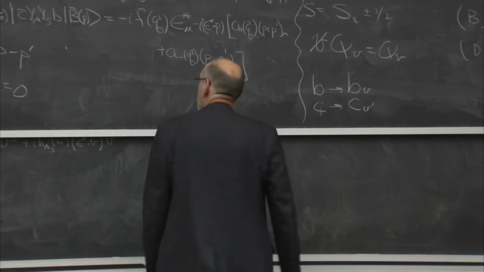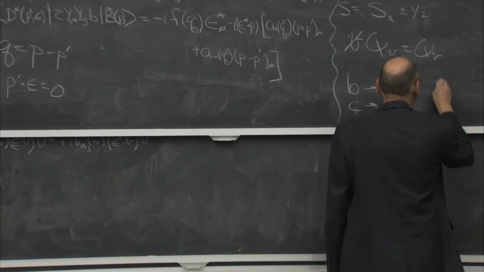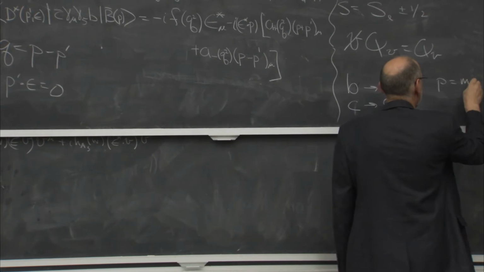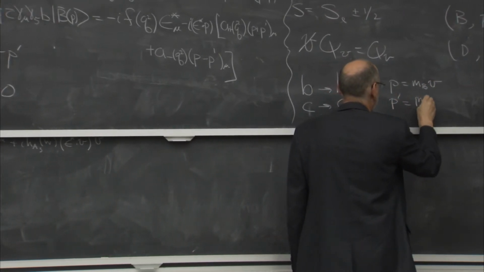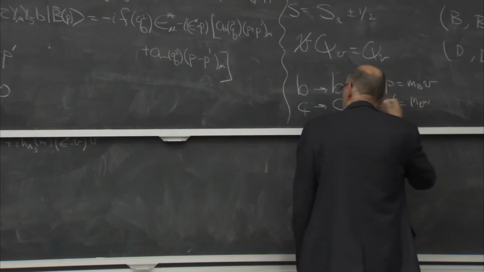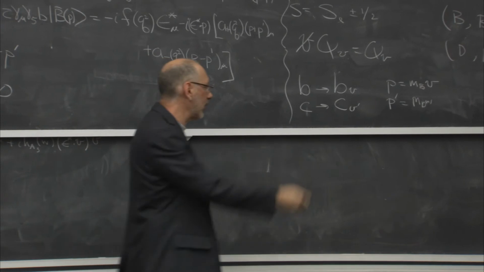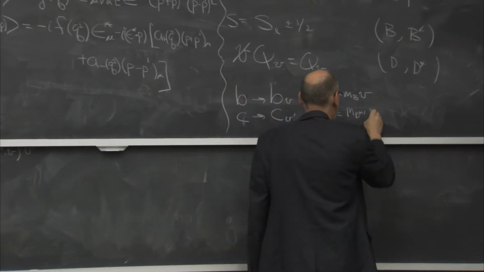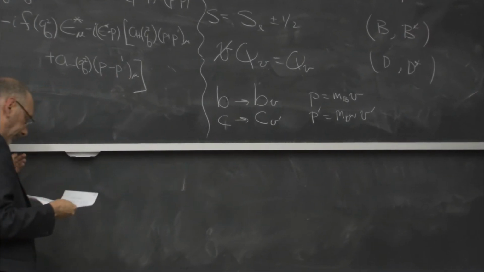The D and D star mesons, I want to label them by 4 velocities too. So for example, P I'll take as MB V, and P prime as MD. Doesn't matter whether it's D or D star, or even the charm quark mass for that matter in the heavy quark limit, but we'll take it to be this mass times V prime.